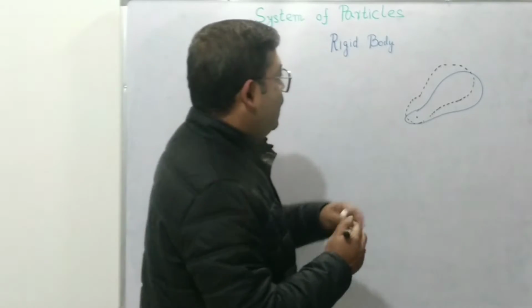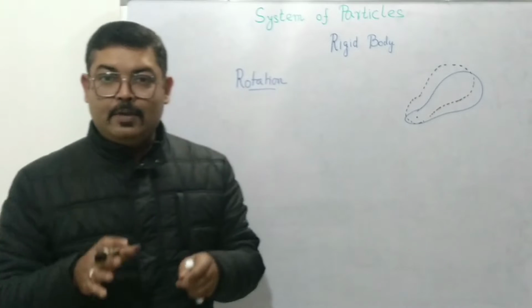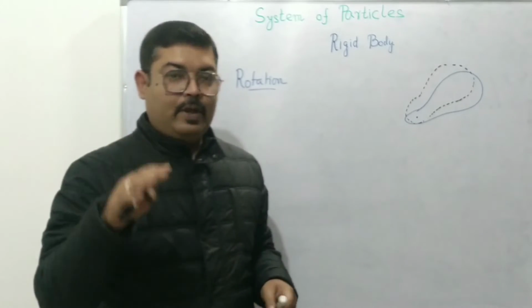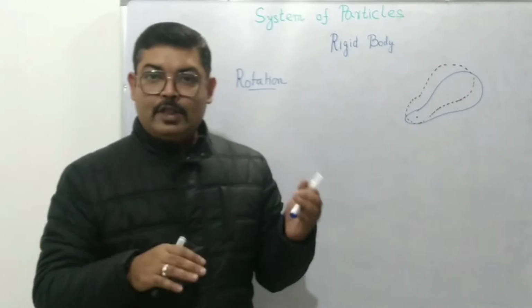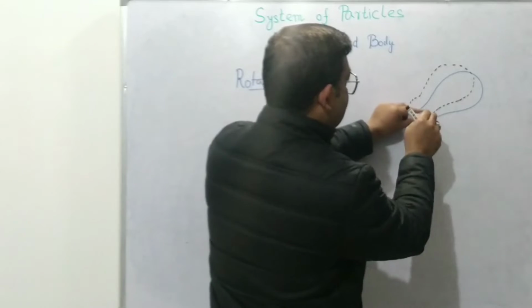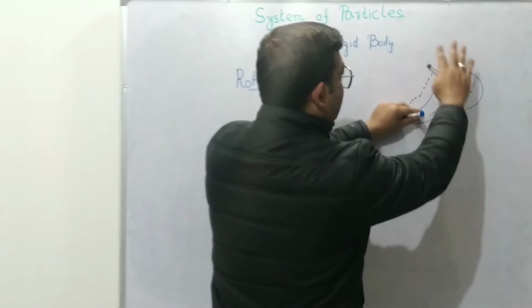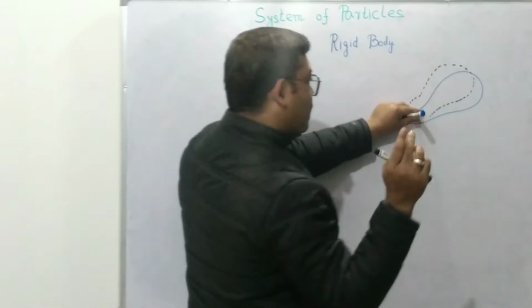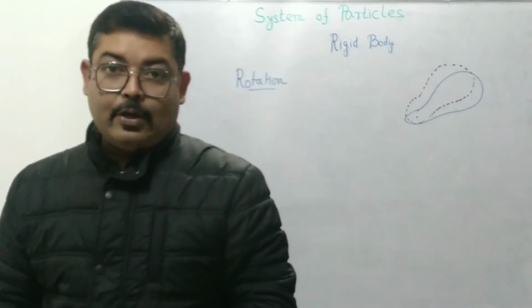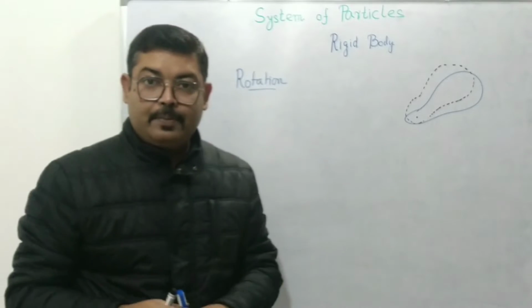So if I take this axis and the object is moving like this, this is the plane of rotation and the axis is perpendicular to the plane of rotation. Under such condition, the rigid body is said to be executing rotational motion.